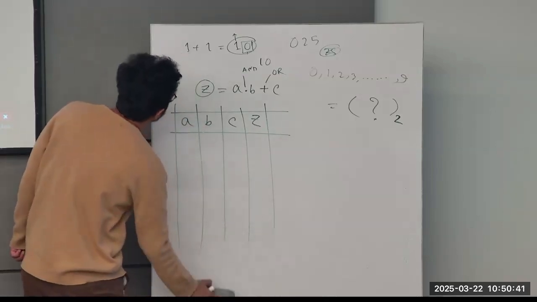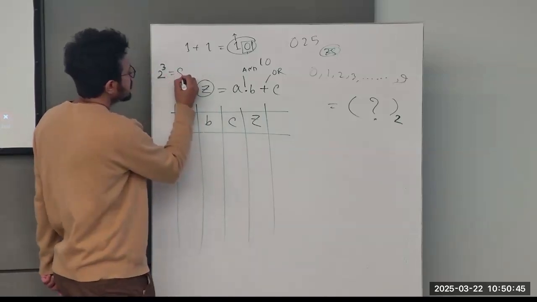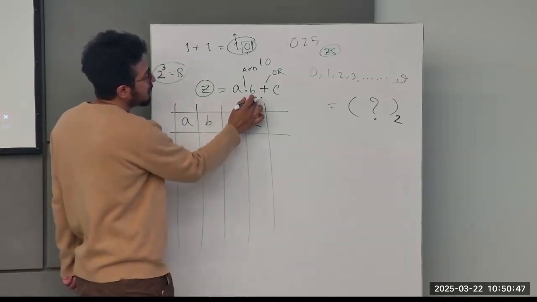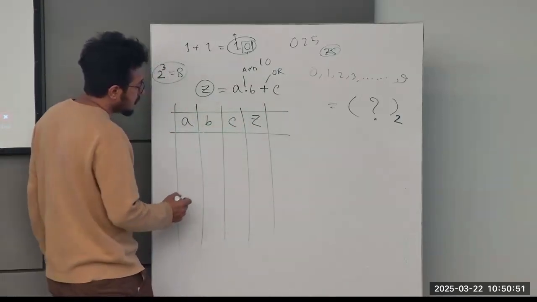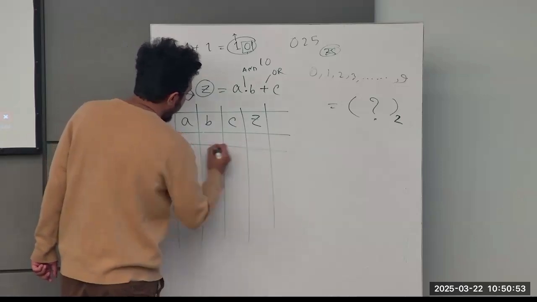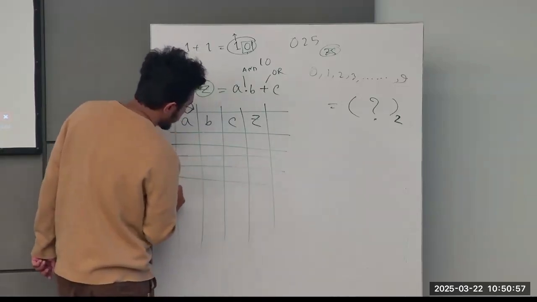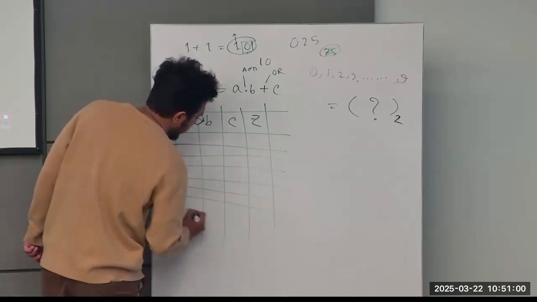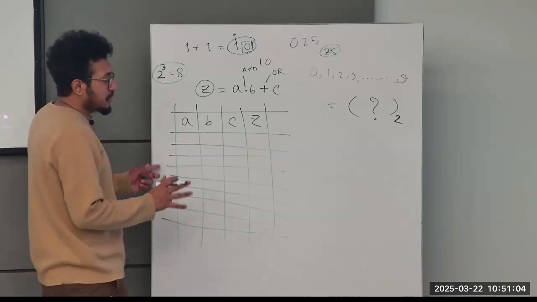Now we have 2 to the power 3 combinations. And what is 2 to the power 3? 8. So we have 8 combinations of ABC. So begin drawing 8 rows here: 1, 2, 3, 4, 5, 6, 7, 8. So this is the size of our truth table.